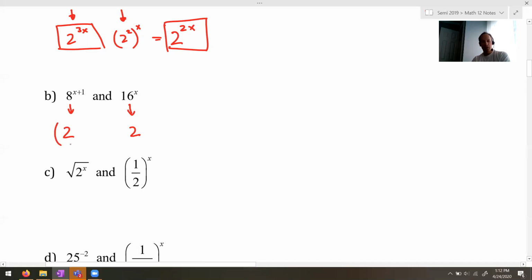So 8 can be replaced with 2 cubed to the x plus 1, and 16 would be replaced with 2 to the power 4 to the x. This will end up being 2 to the power of 3x plus 3, and this one will end up as 2 to the power of 4x. So that's how we could get them looking the same.